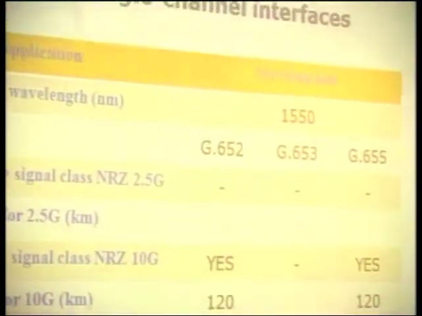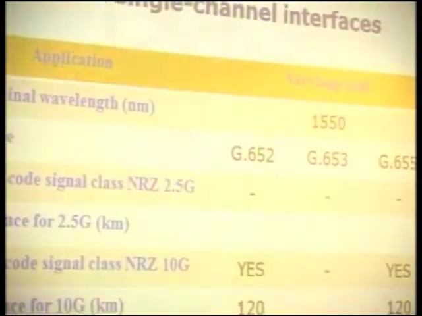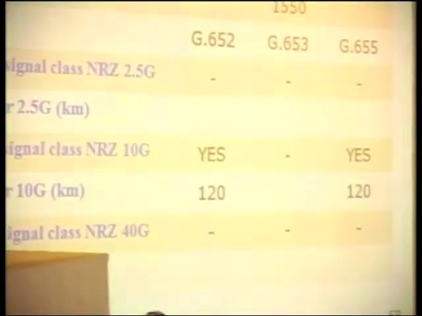Very long haul is increased to 120 kilometers. The interested fibers are the single mode fibers and the dispersion shifted, and the only application code signal class is the non-return to zero, 10 gigabit per second.